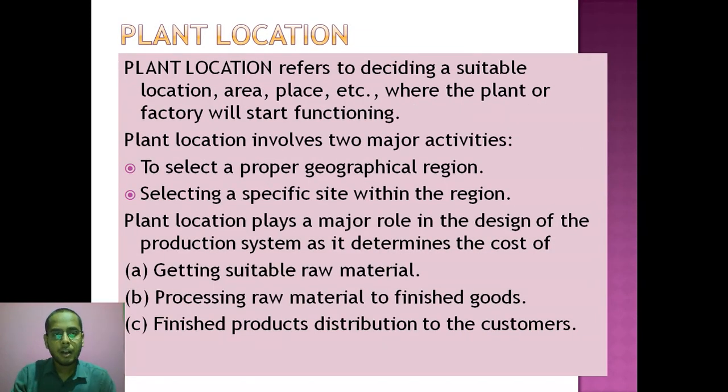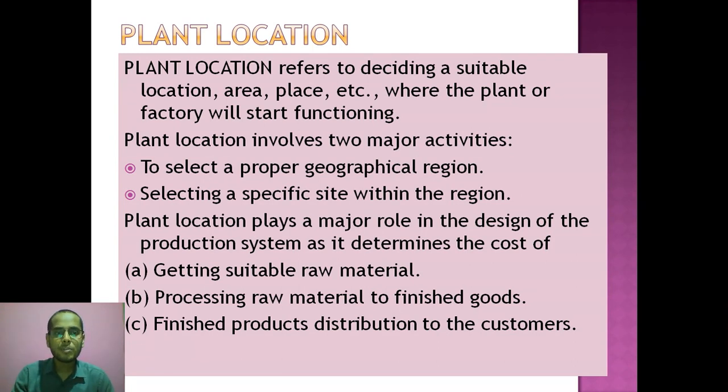Now, as we have understood what a plant is, we have to understand plant location. If I ask what plant location is, you can say it is where the plant is located, but it is not as simple as that. Plant location decides many things about the plant and its product.